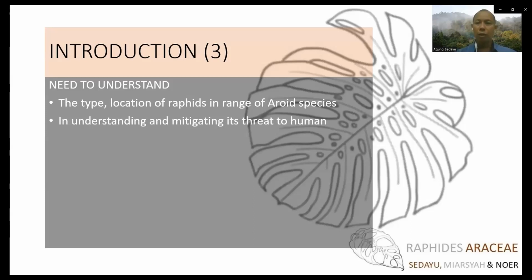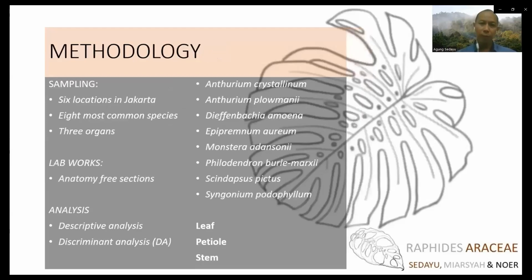So we need to understand the types and the location of the raphids across a range of species commonly living in Jakarta. And from these results, we expect to understand and furthermore to mitigate the threats to humans, especially the enthusiasts and the hobbyists, who love aroids as their hobby.